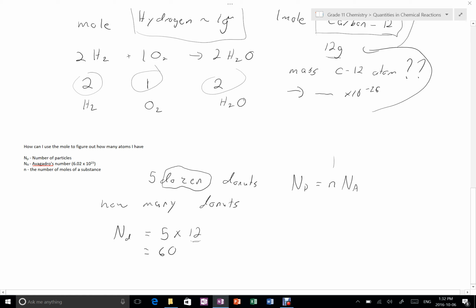Here we would have some number of moles times the number in each mole. Let's say I had 5 moles, then I would multiply that by 6.02 times 10 to the 23. That's how many particles in each mole. And I would get 3.01 times 10 to the 24 particles.